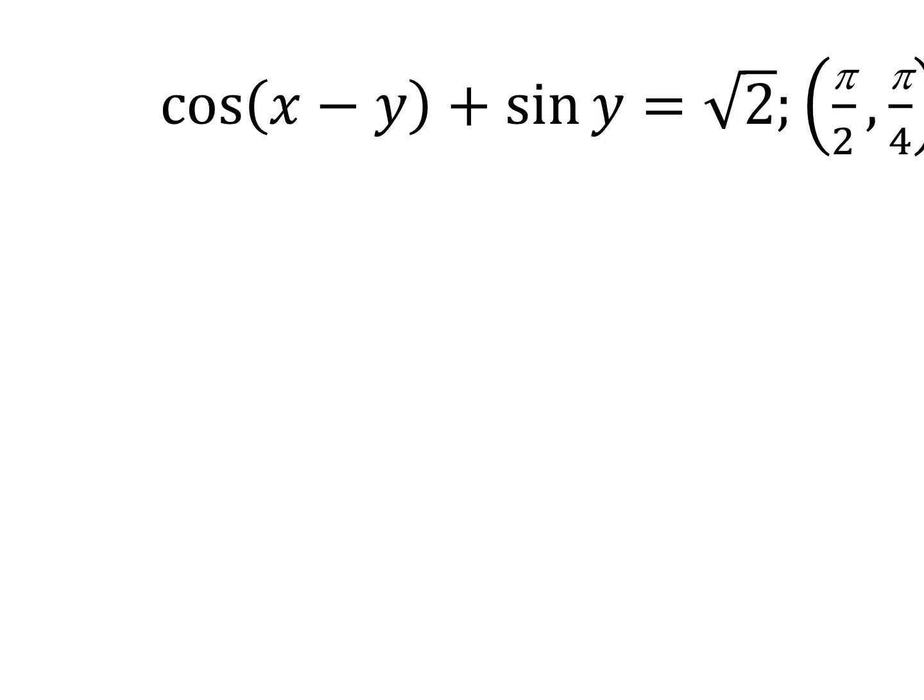Negative sine. We'll start with negative sine, and remember, when we do the derivative of the outer, the inside doesn't change at all, and then we multiply that by the derivative of the inside, which in this case would be 1 minus dy/dx.